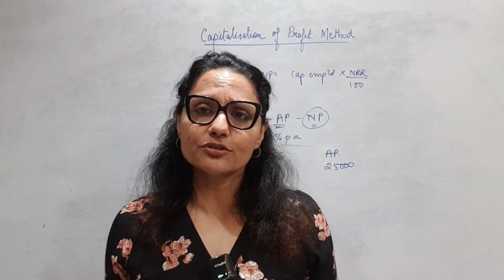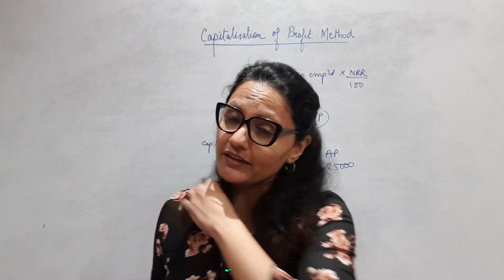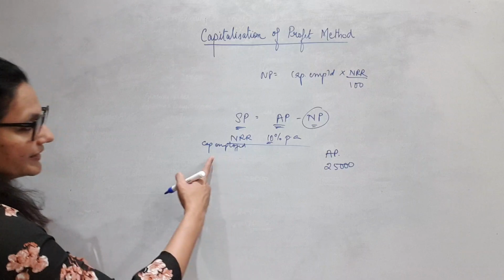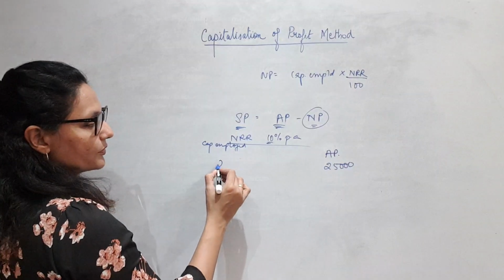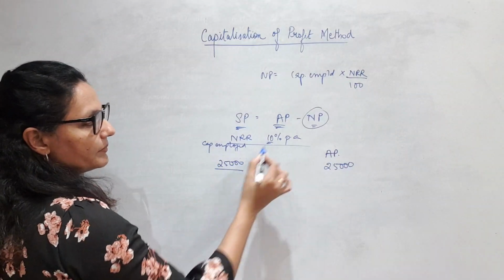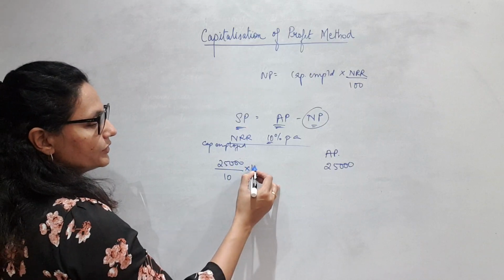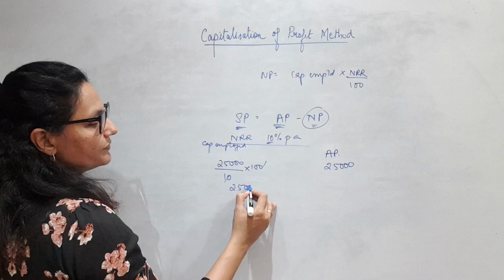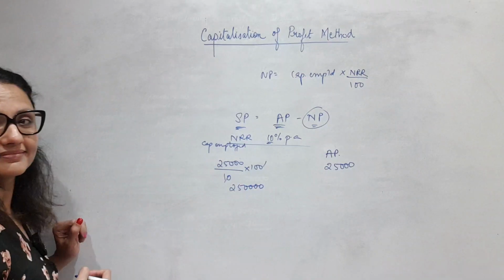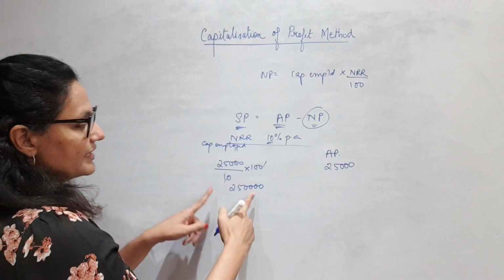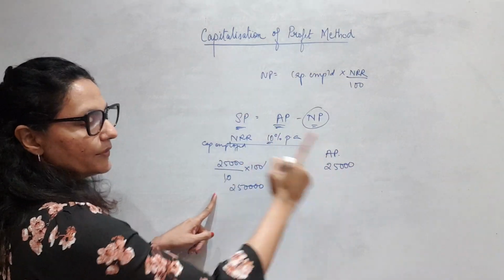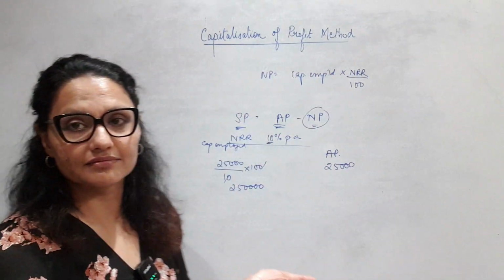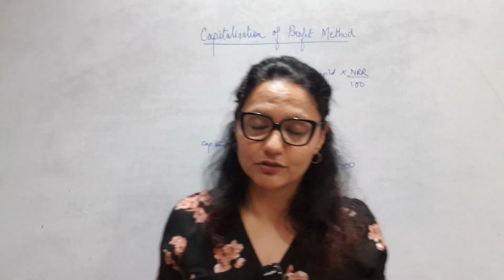So how much capital should I have invested to get 25,000 as profit? Capital employed will be average profit divided by normal rate of return into 100, meaning 2,50,000. Yes. If I invest 2,50,000, 10% of it, 25,000, I will earn as profit. Correct? This is what I am trying to find out.